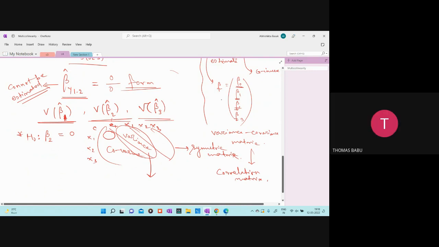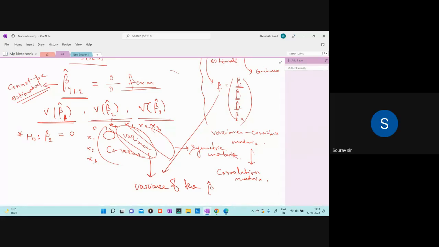You need to find the variance of this beta hat, which was basically my hat matrix. Can you recall the multivariate regression?